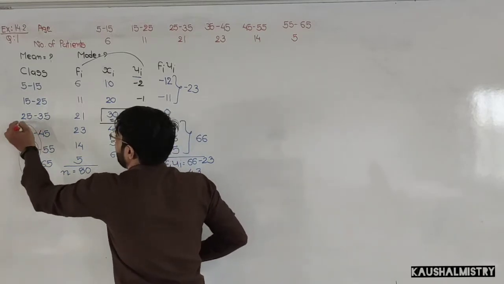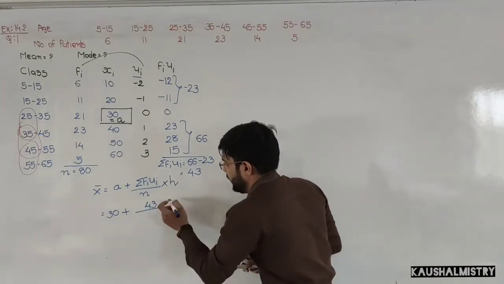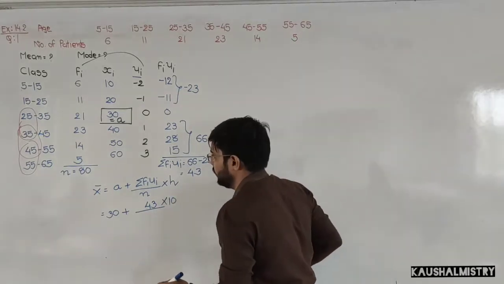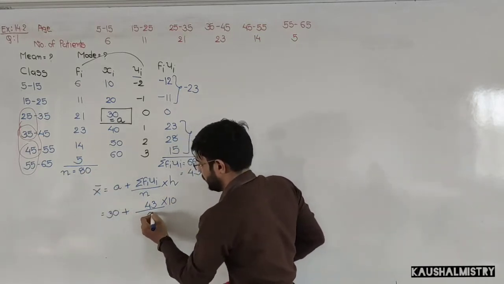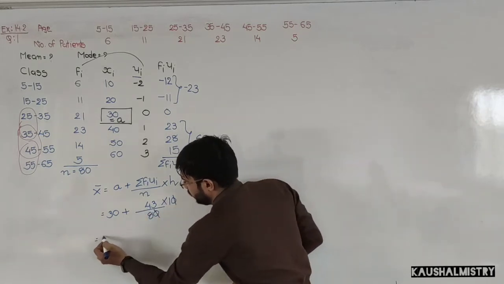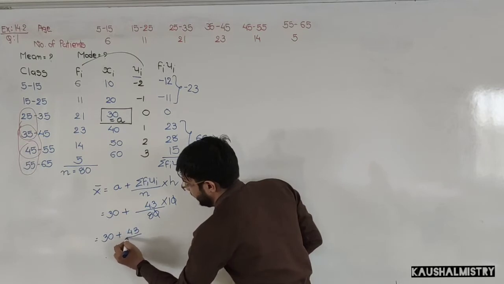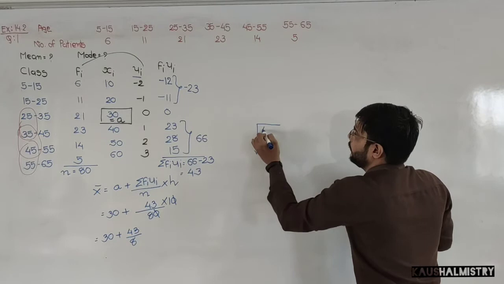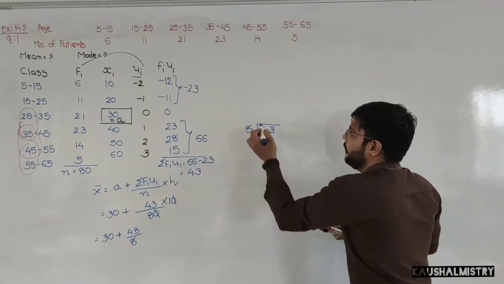So class length of this class will be 10. So h will be equal to 10 and n is equal to 80. So 0 0 will get cancelled. So 30 plus 43 by 8. So we have to divide 43 by 8. 43 by 8 is equal to 8 5s are 40.